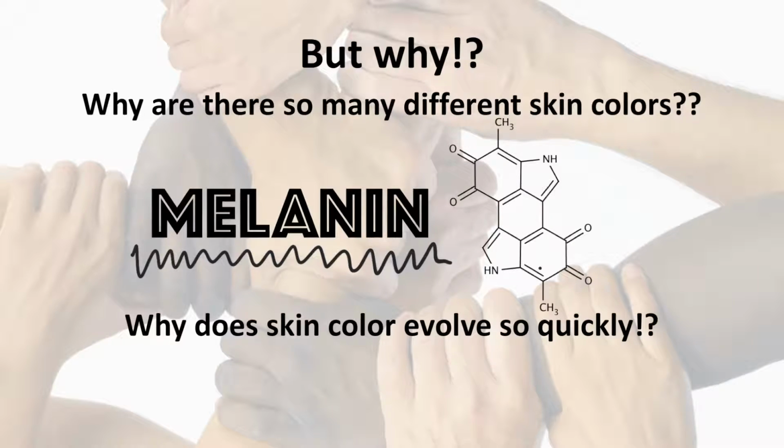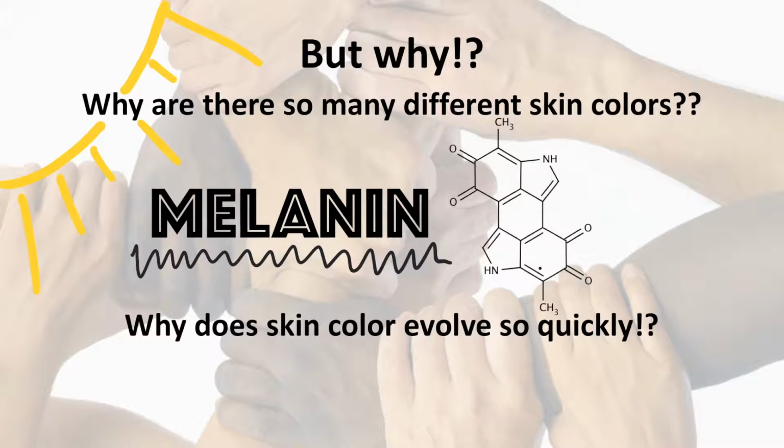So the more melanin you have, the more protection you have from the ultraviolet light created by the sun. And it's actually this ultraviolet light that creates the environmental selective pressure on the skin color or the skin tone to evolve so rapidly.